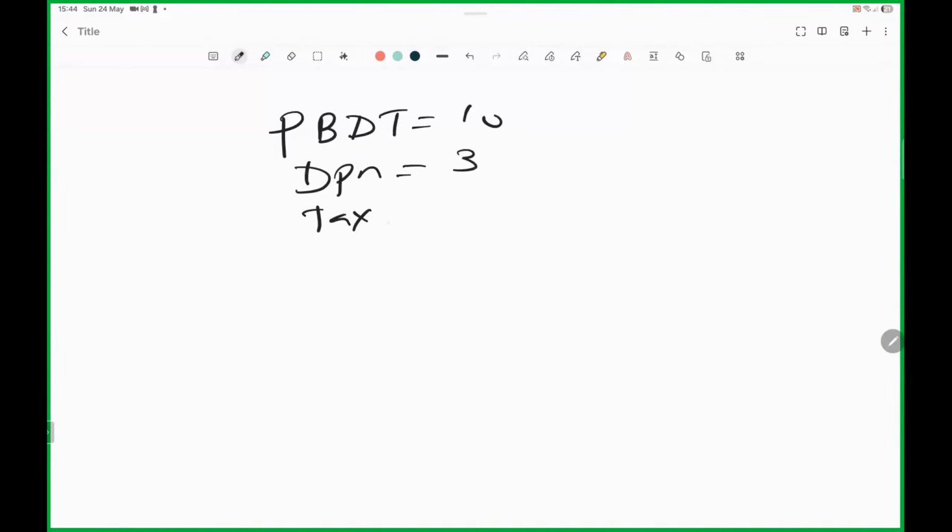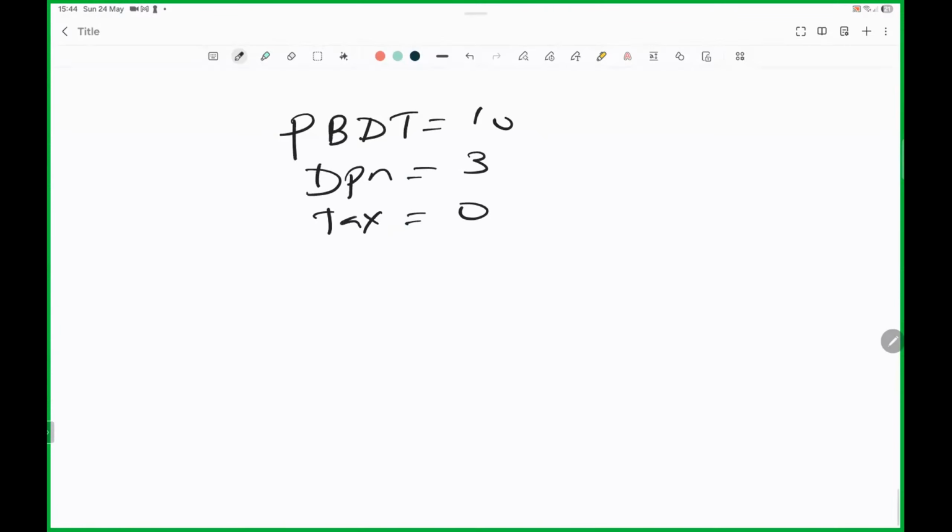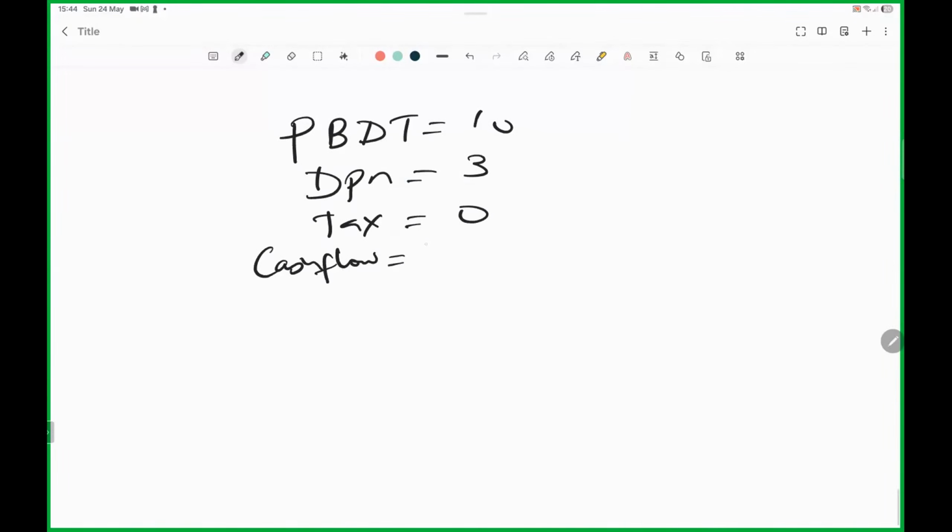Then the rate of tax equals 0. When you're looking for cash flow for purpose of discounting, don't bother with it, because if the tax is 0, then there is no shield we'll get. So this cash flow will be equal to PBDT, which will be 10.